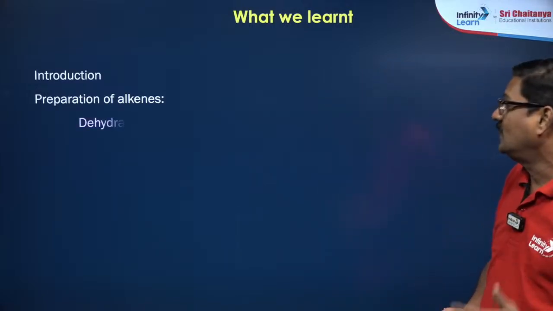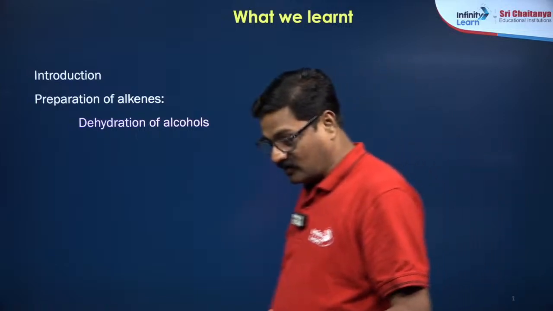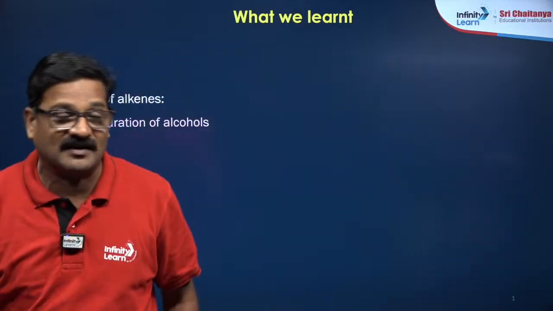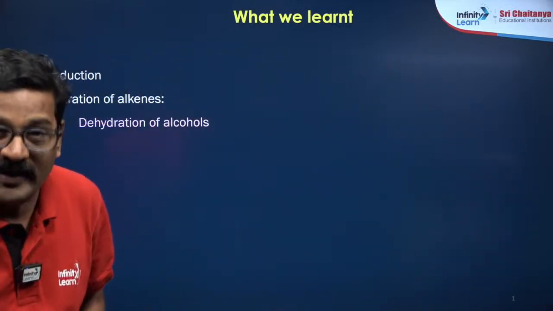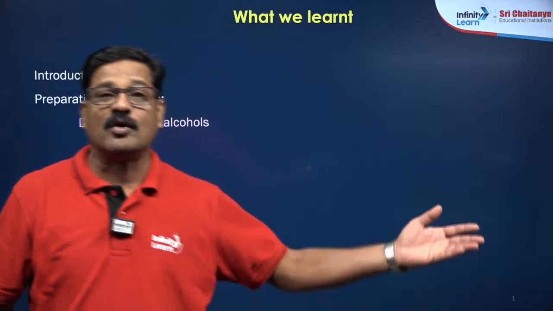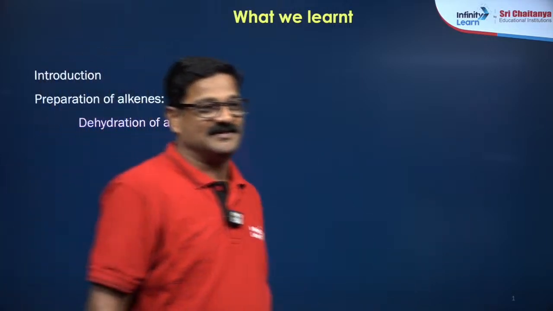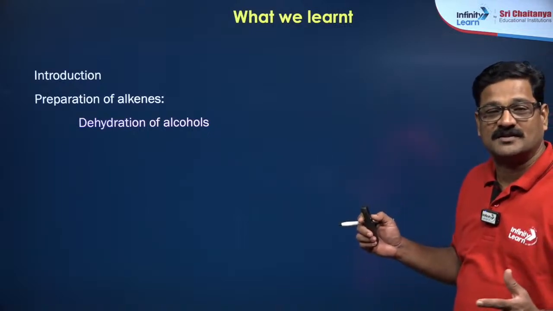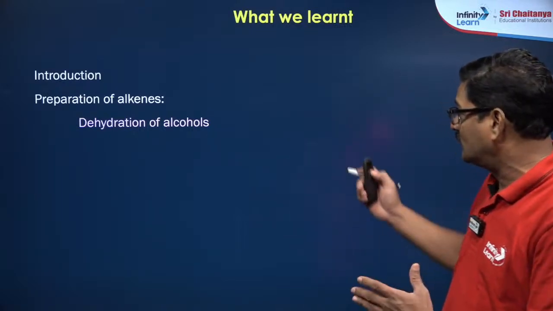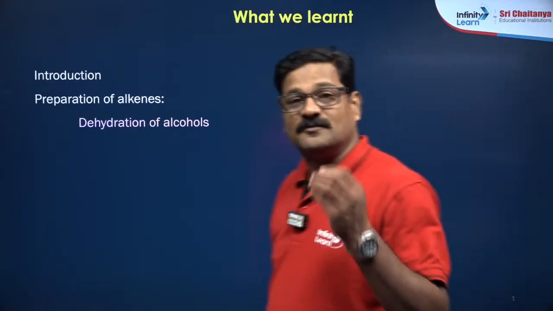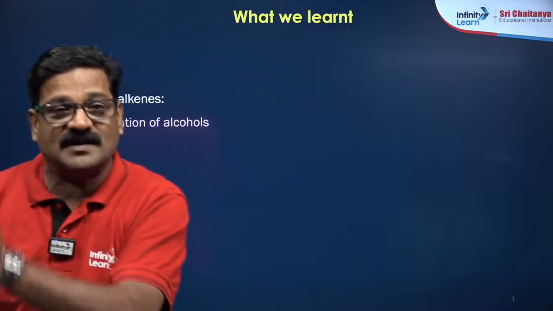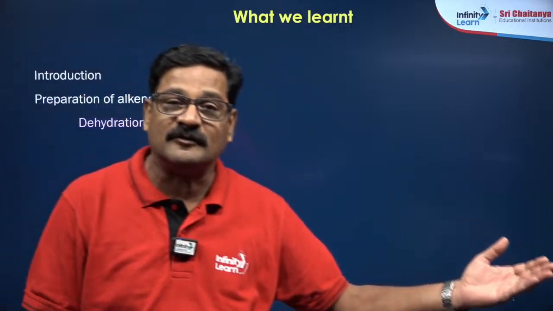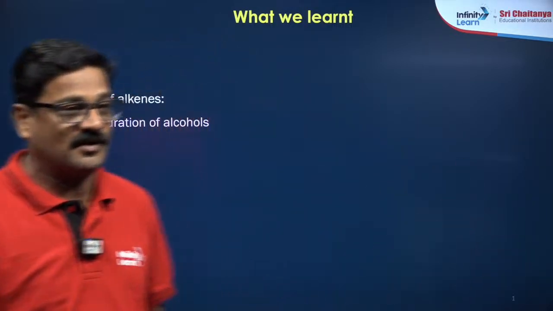If you recall, dehydration of alcohols: if water is removed from an alcohol, you get an alkene. This follows formation of a carbocation, so the product formed is according to the stable carbocation.